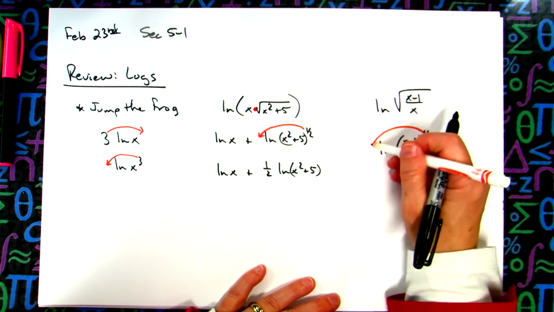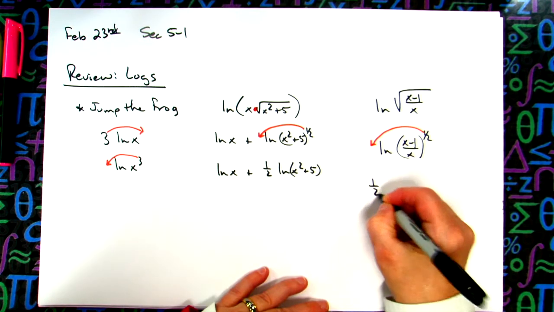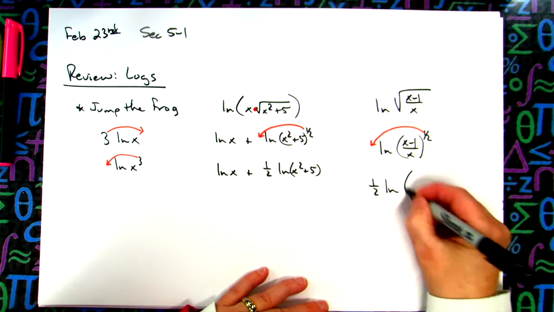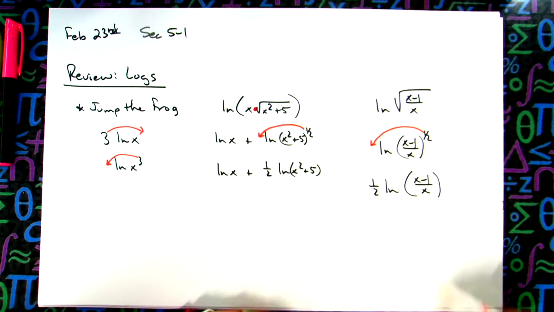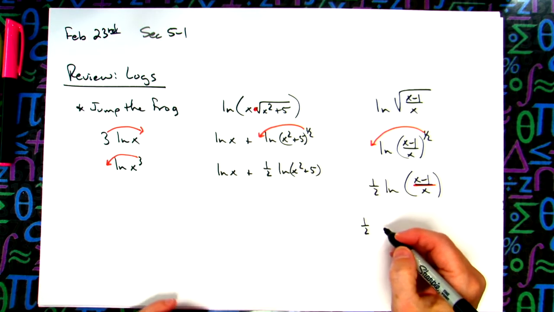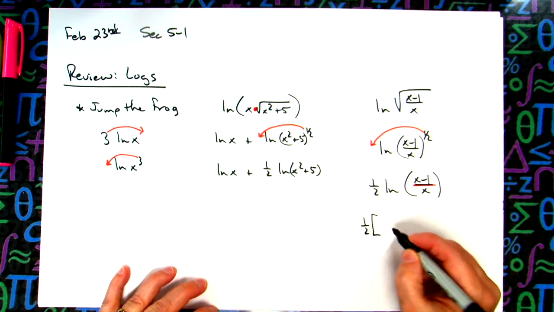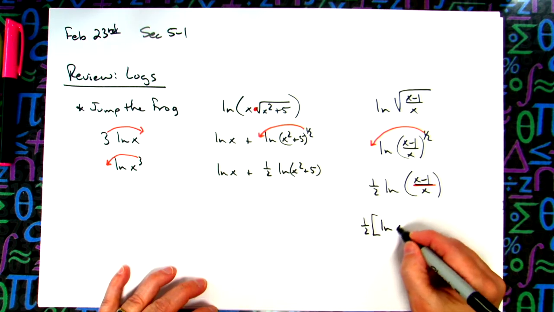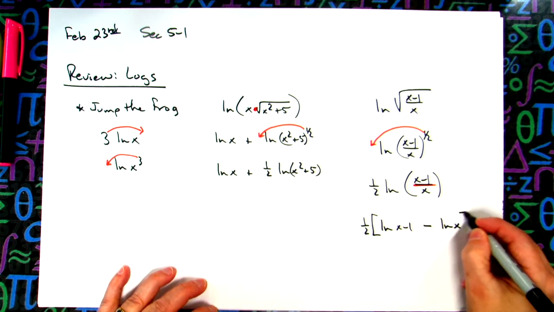Then I would jump the frog to get rid of it so that I didn't have to mess with it in front, or in the problem. And then when we divide, what's the rule? When we divide, we subtract our logs. Remember that? So 1/2, and then let's go ahead and put a bracket here. Natural log of x minus 1, and then minus natural log of x.